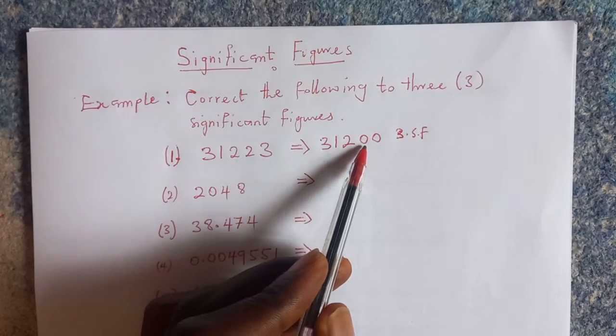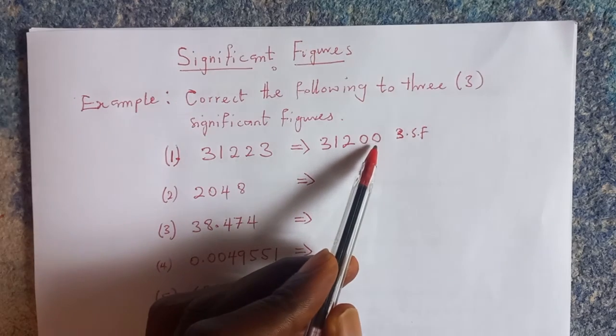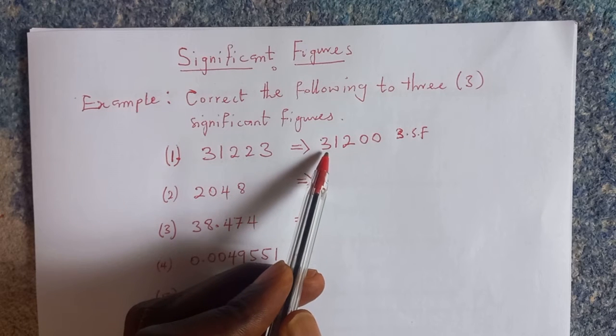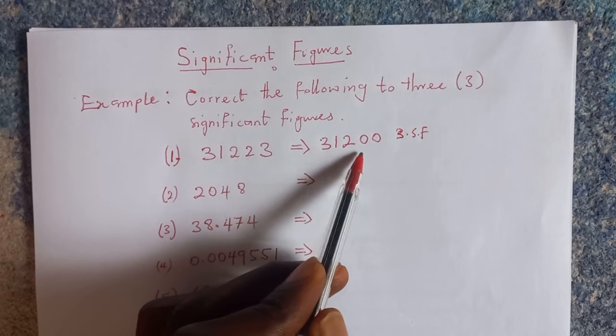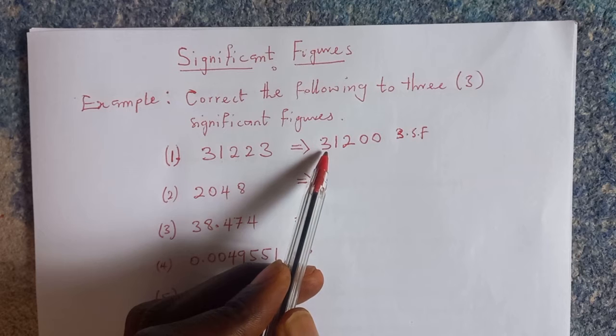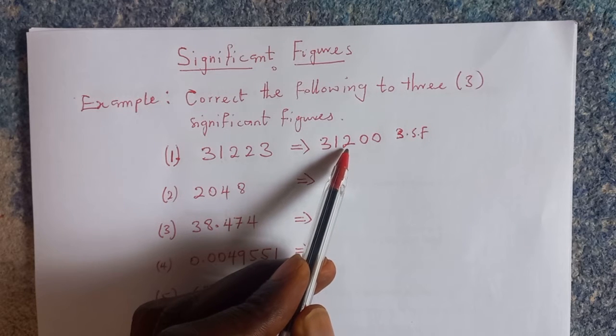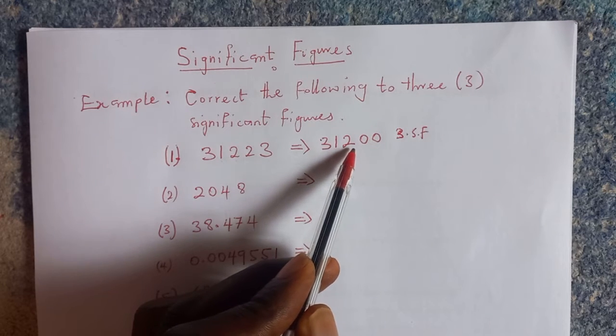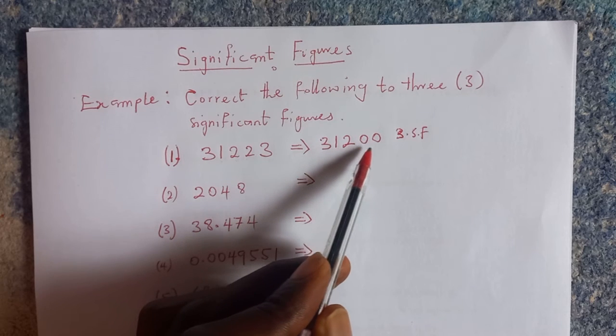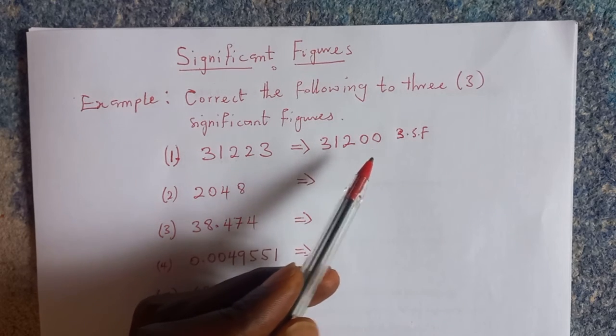Also, they help us to keep the place values of these digits intact. For example, this 3 is still in 10,000, the 1 is in 1,000, and then the 2 is in hundreds. So that is why we are keeping the zeros.